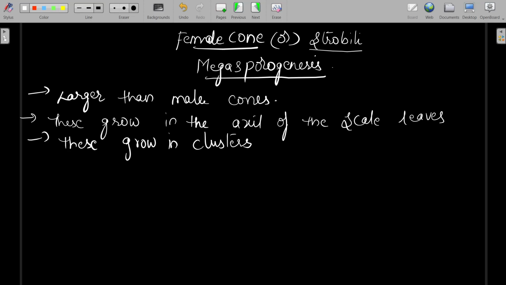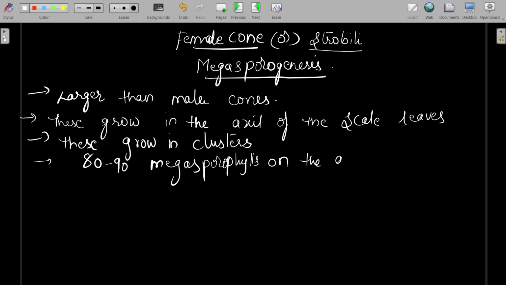That means we can see 80 to 90 megasporophylls on the axis.